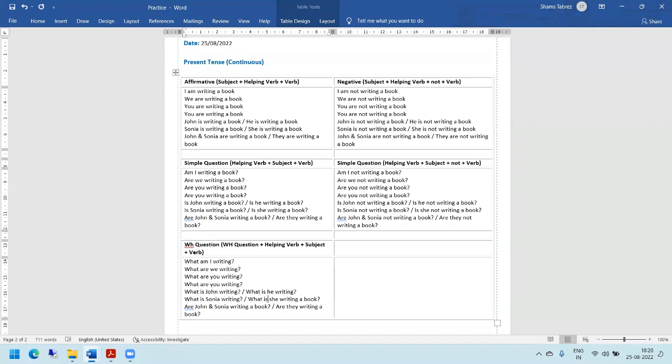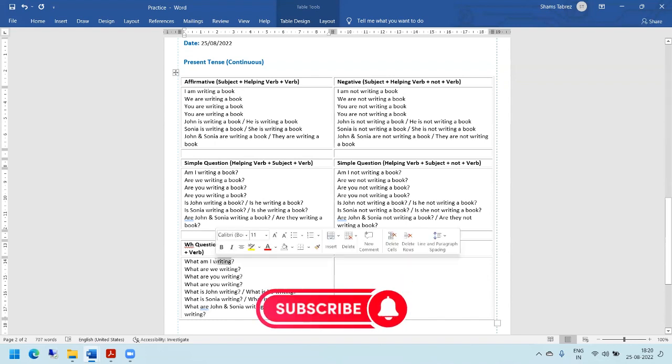What is she writing? Similarly, what are John and Sonia writing? Here as well, what are they writing? What are they writing? Okay, now let's use another verb.